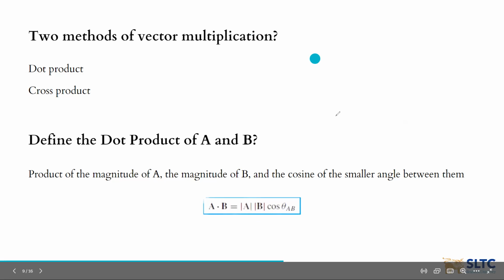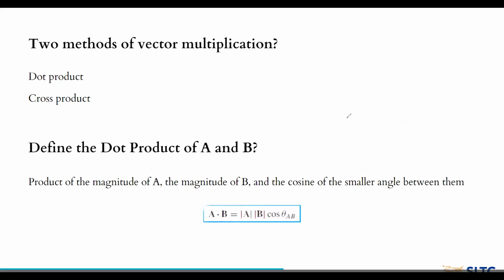Once we have two vectors, A vector and B vector, we can find the dot product between them using the magnitudes of these vectors and the angle between them, right?